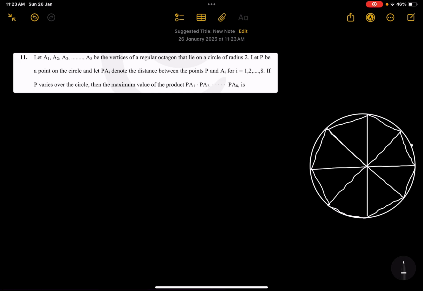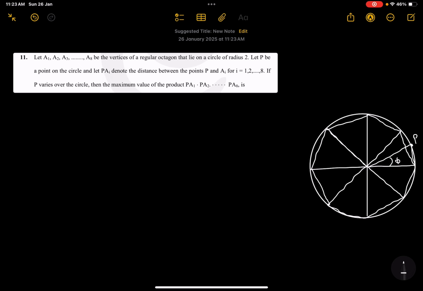Let's say this is the point P, and this is angle phi that it makes with the nearest vertex of the octagon.